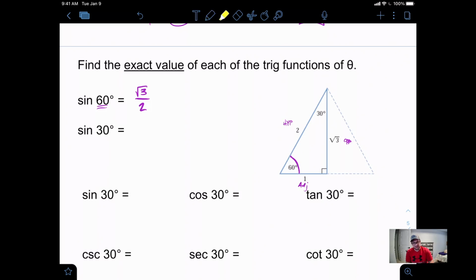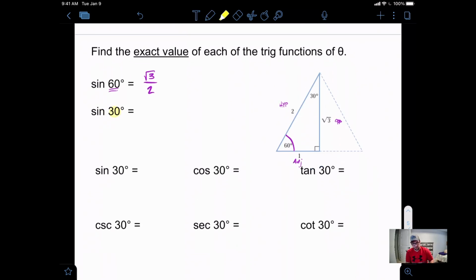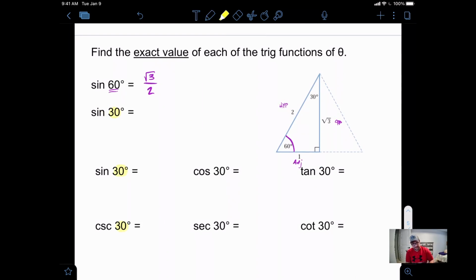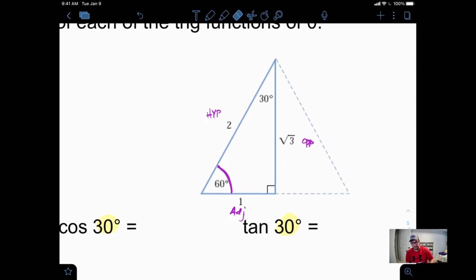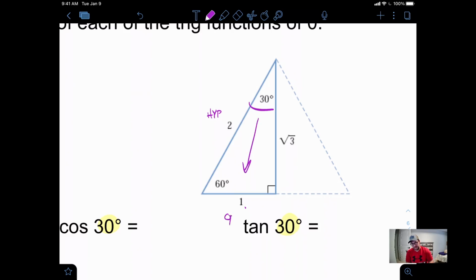Now, in each of these other problems, notice how our angle switches. Now we're going to be talking about the 30-degree angle. And when we talk about the 30-degree angle, what that means for us is that our opposite side and our adjacent side are no longer that. Because if I'm talking about the 30-degree angle, then the opposite of that would be 1, which would make the adjacent side the square root of 3.